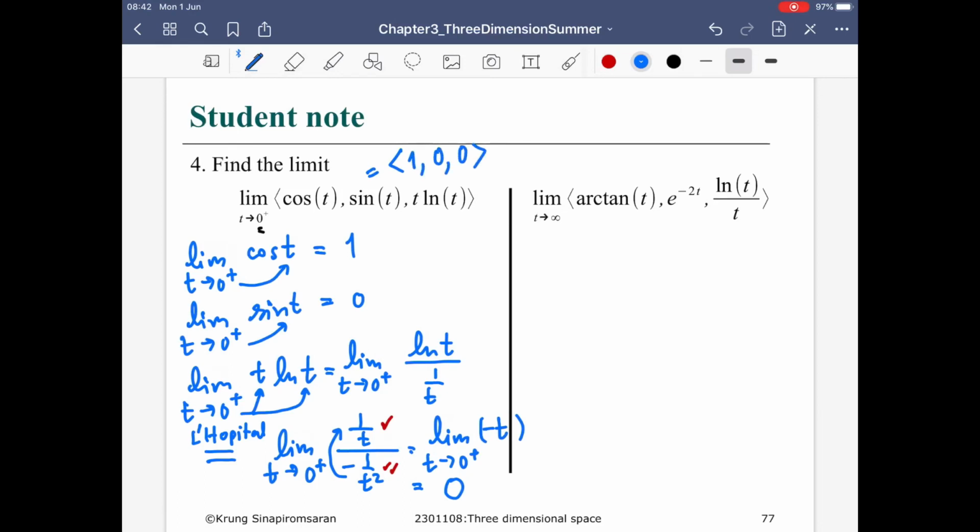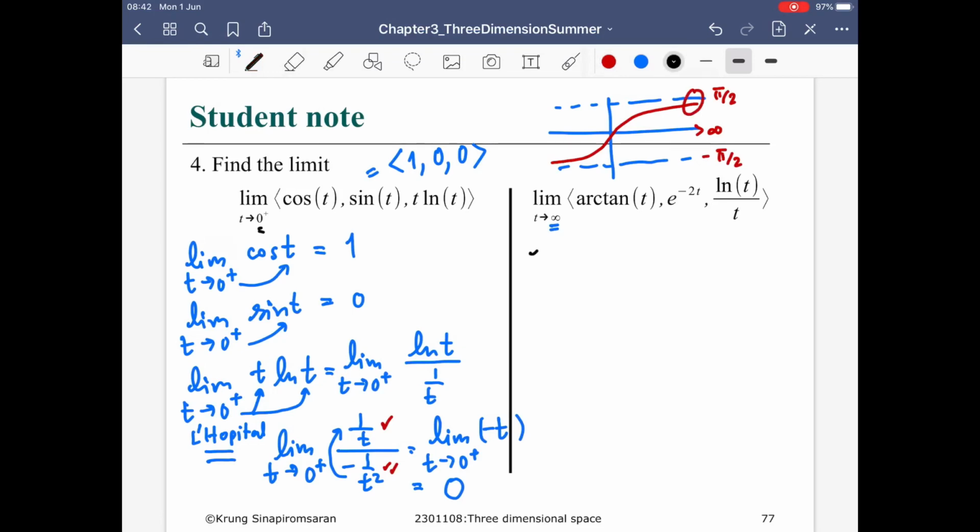Okay, how about this one? Your t goes to infinity. The first one, the arctangent, you need to know this curve. The curve of arctangent looks like this, and this one is pi over 2, this one is negative pi over 2. So as your x, or as your t goes to infinity, your arctangent will go close to pi over 2.